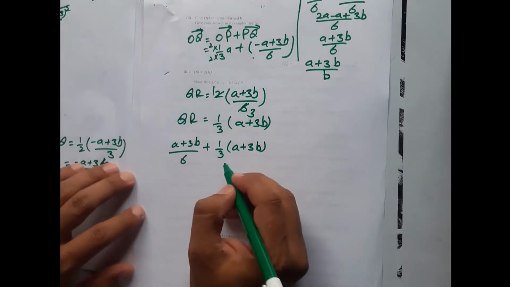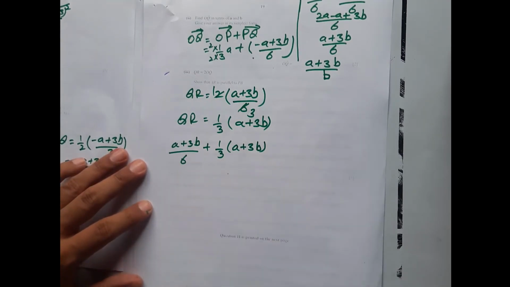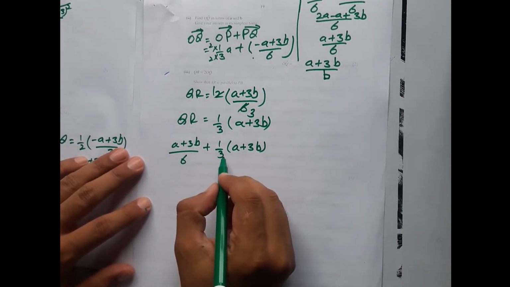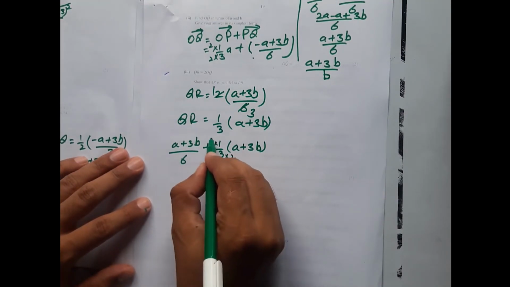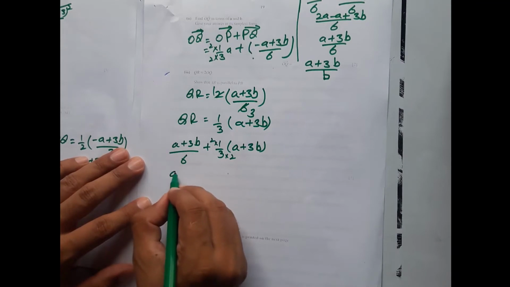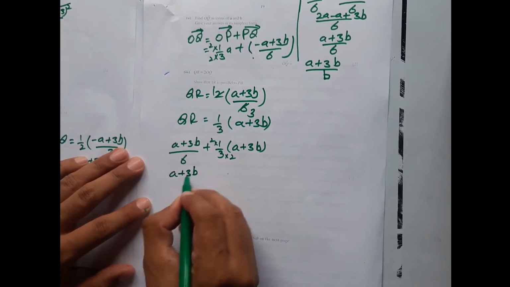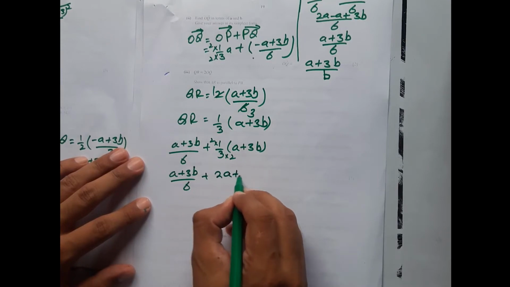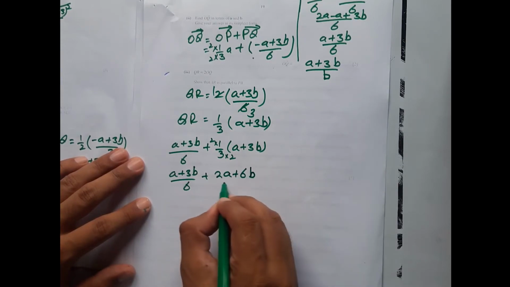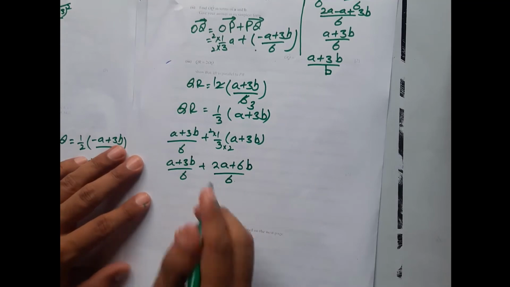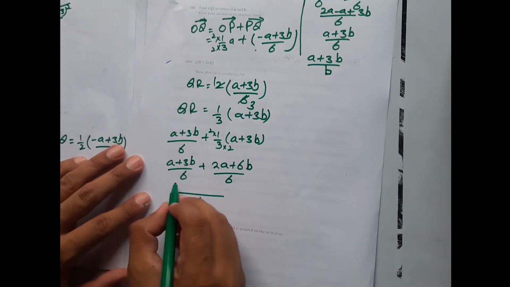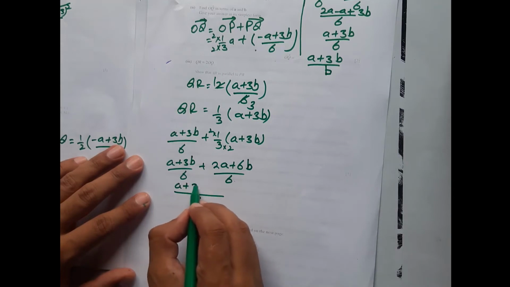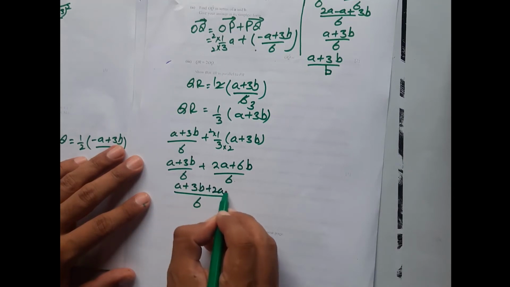Now we have to simplify that. First we have to multiply this with 2, multiplying denominator and numerator by 2. This will become a plus 3b over 6 and this will become 2a plus 6b over 6. Take LCM to make a single fraction: a plus 3b plus 2a plus 6b.